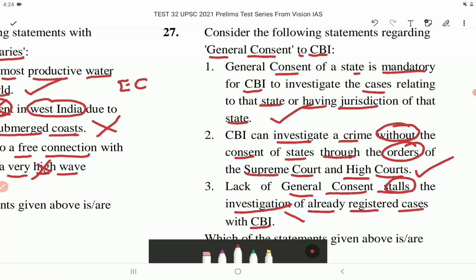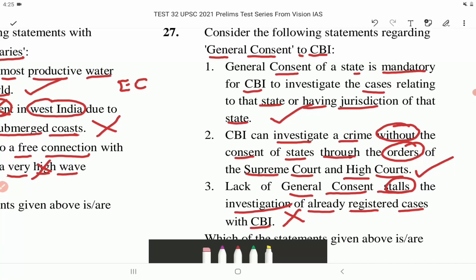This is incorrect. It will have no impact on investigation of cases already registered. So the cases which were already registered with CBI, as old cases, were registered when general consent existed. So statement 3 is incorrect.